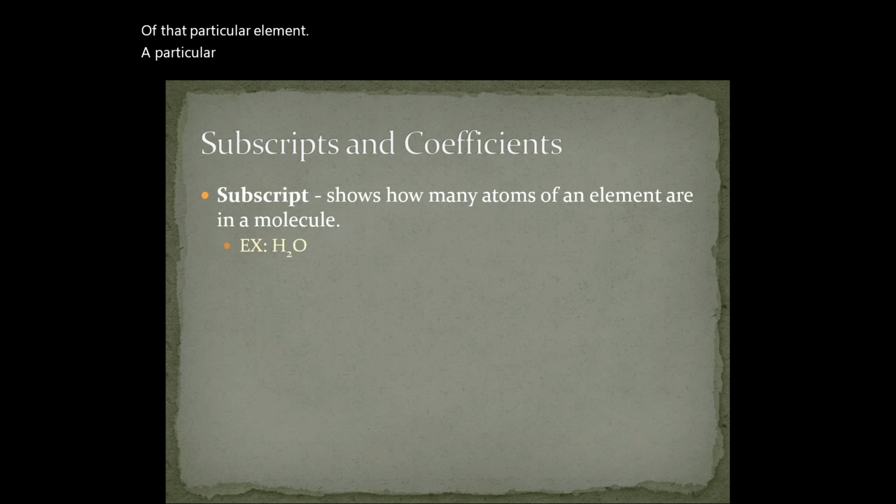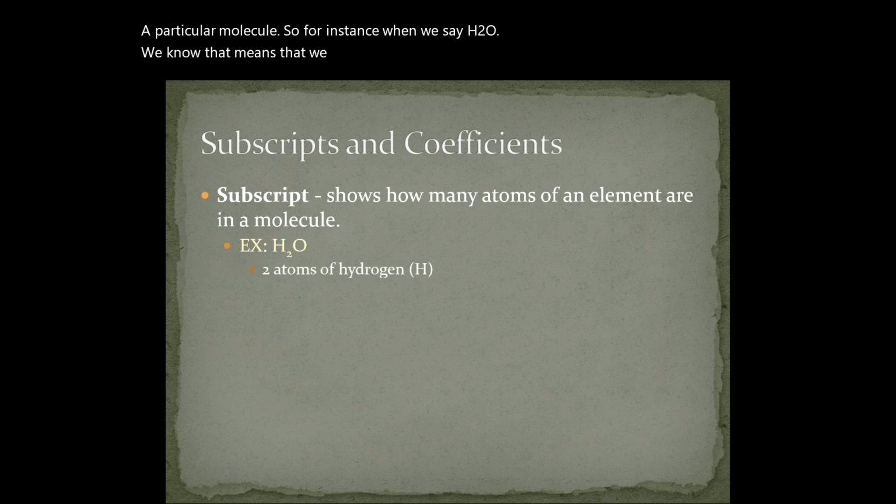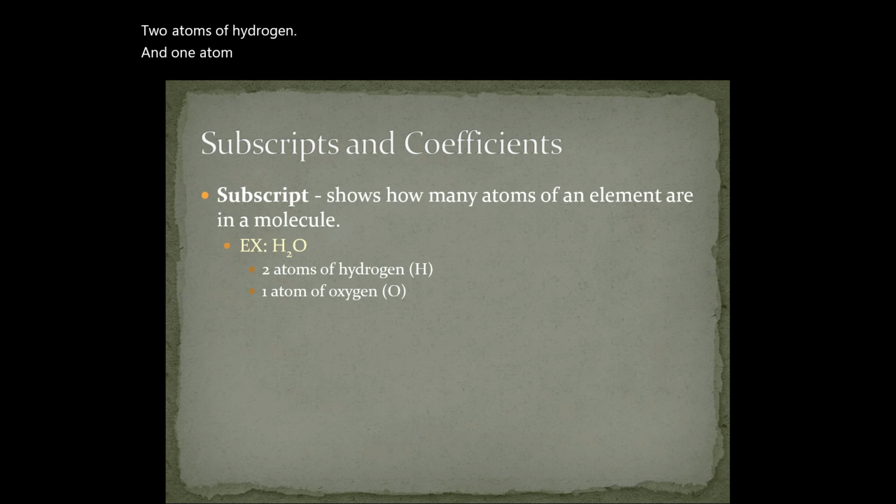So for instance, when we say H2O, we know that that means that we have 2 atoms of hydrogen and 1 atom of oxygen. Easy enough. The subscript indicates how many of whatever's immediately to the left of that subscript.